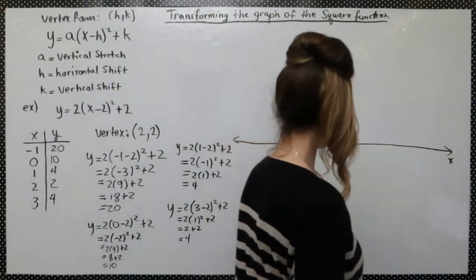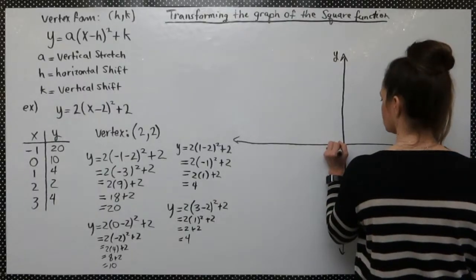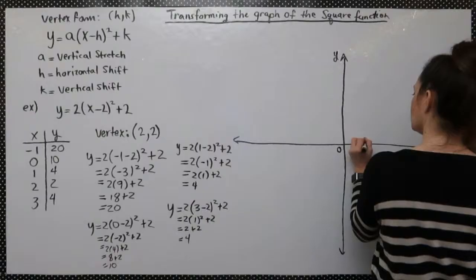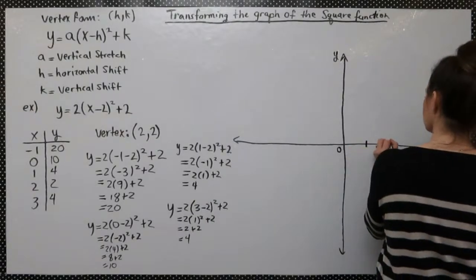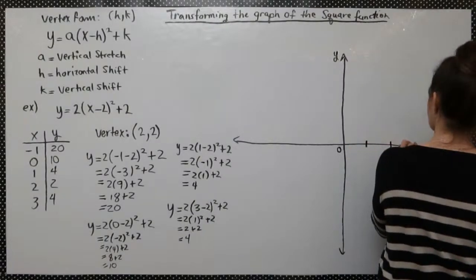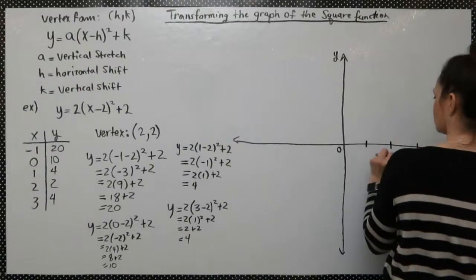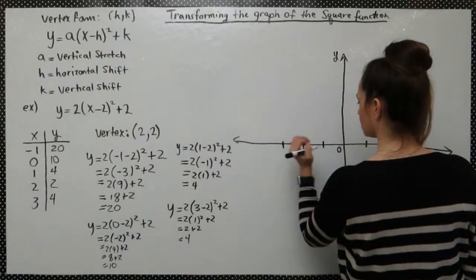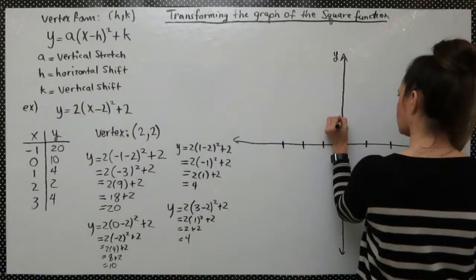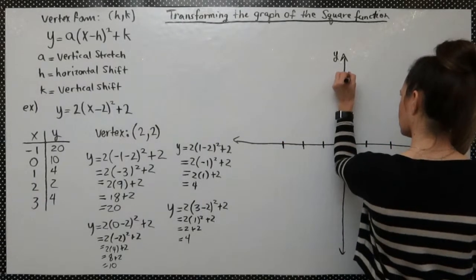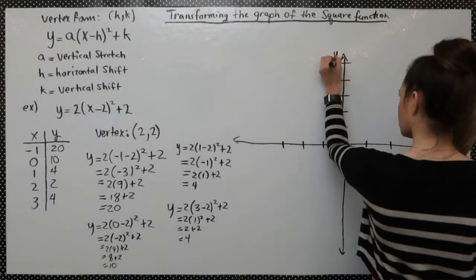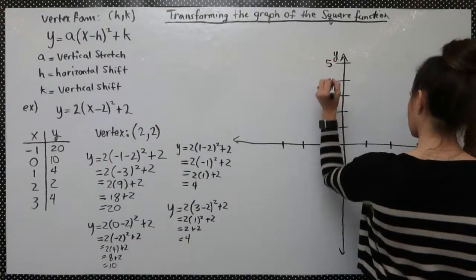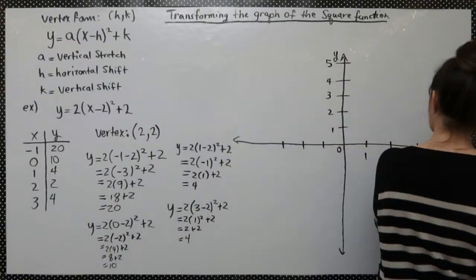So it's going to be symmetrical about the axis of symmetry. So since that's at 2, it's going to be symmetrical about that line. And we have 1, 2, 3.